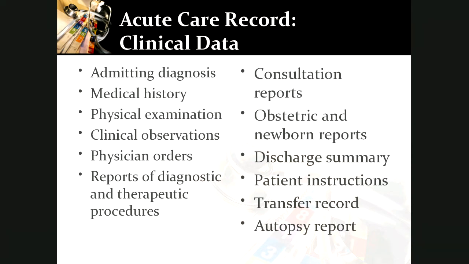It's not necessarily the final diagnosis, because the final diagnosis is after study, okay? The principal diagnosis is after study, and we'll talk more about that. The admitting diagnosis is what brought them to the hospital now.